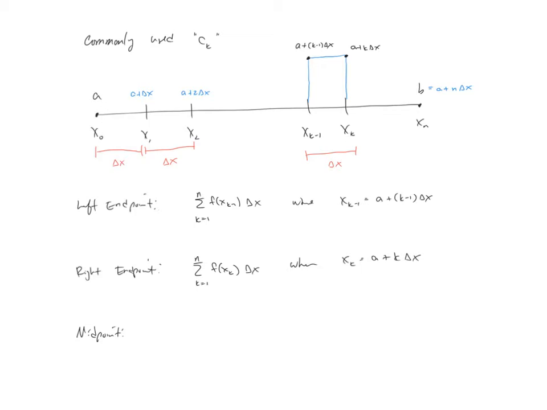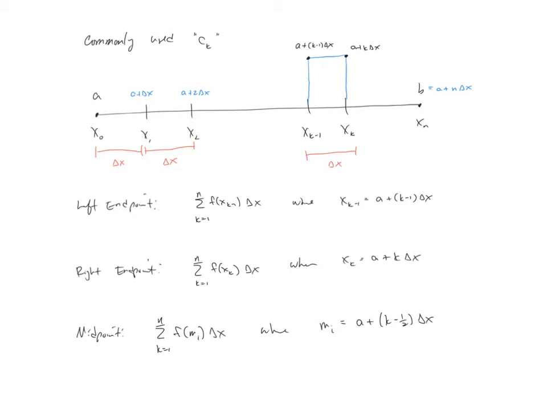For the midpoint, you can certainly work this out if you want to, but I have a feeling most people will be able to believe me when I say it. If we are at the midpoint, the m sub k, the midpoint, would be a plus k minus 1 half delta x. Think about where that came from.